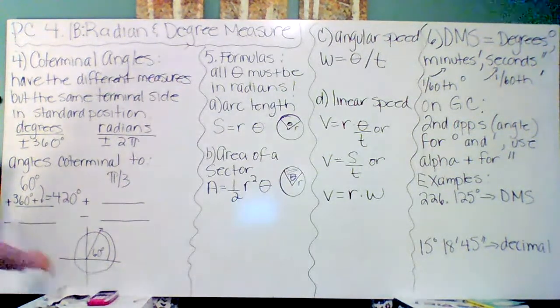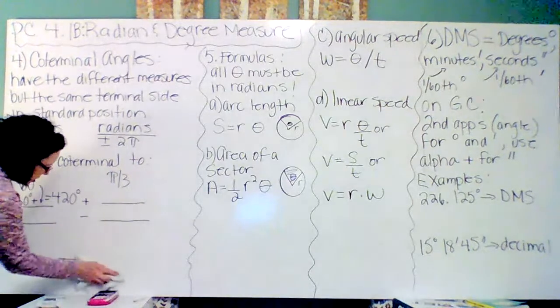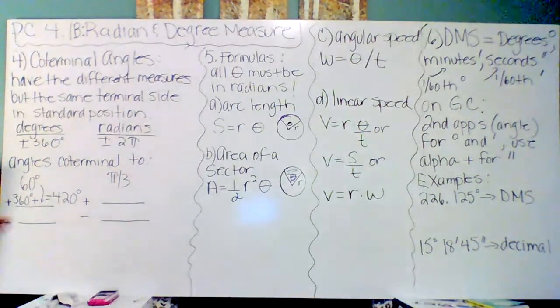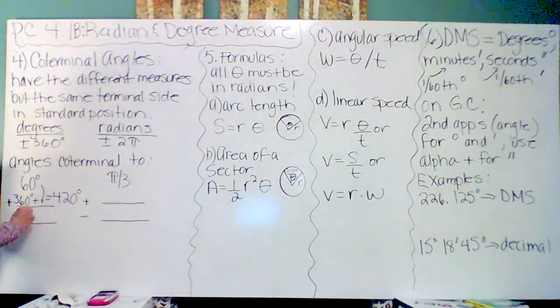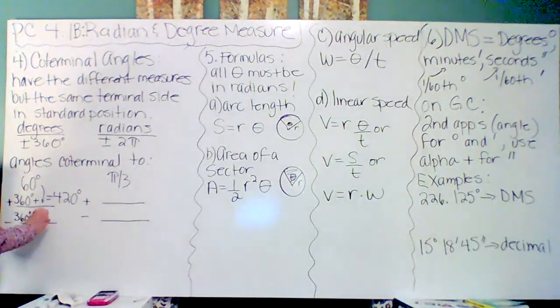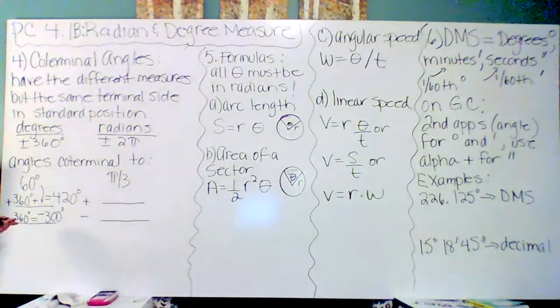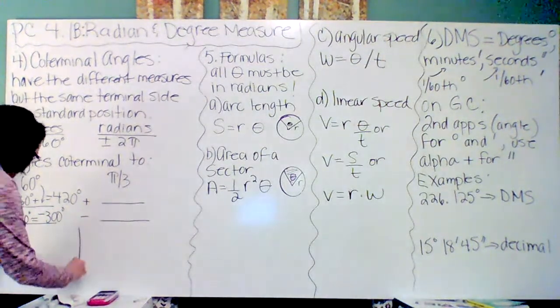Another thing we could do for 60 degrees for a coterminal angle with a different measure is subtract 360, right? So if we take 60 and we subtract 360, we get a negative 300 degrees. Obviously a different angle measure than 60, right?